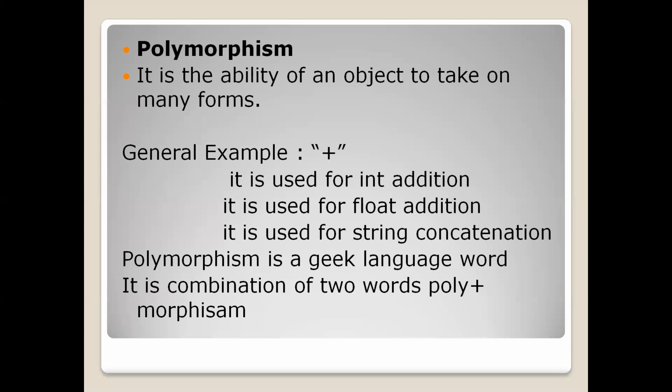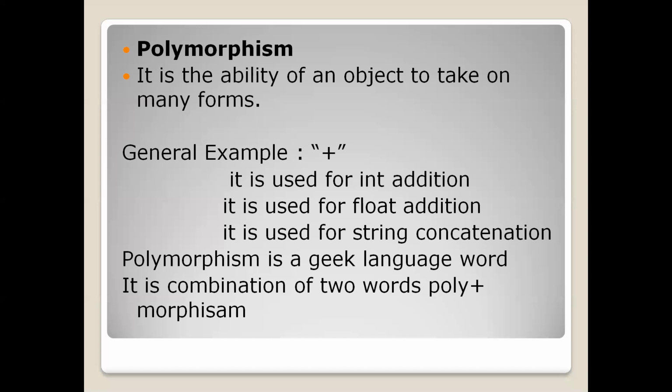So if you have three integer variables, that means int a, b, c, and then I have written the next statement as c = a + b. That means here the plus symbol is used to add the values that are present in a and b, which are of integer types. That means plus symbol is used for integer addition, right? It is going to add two integer values.